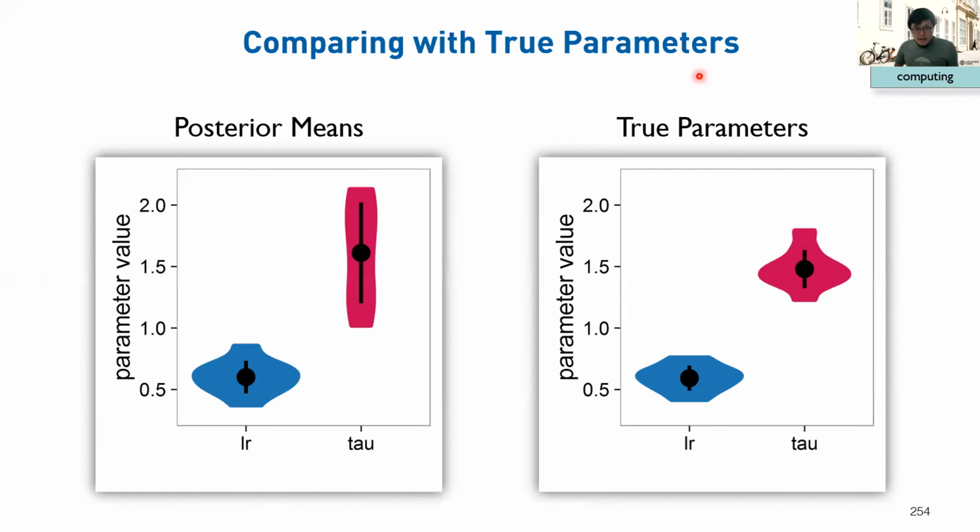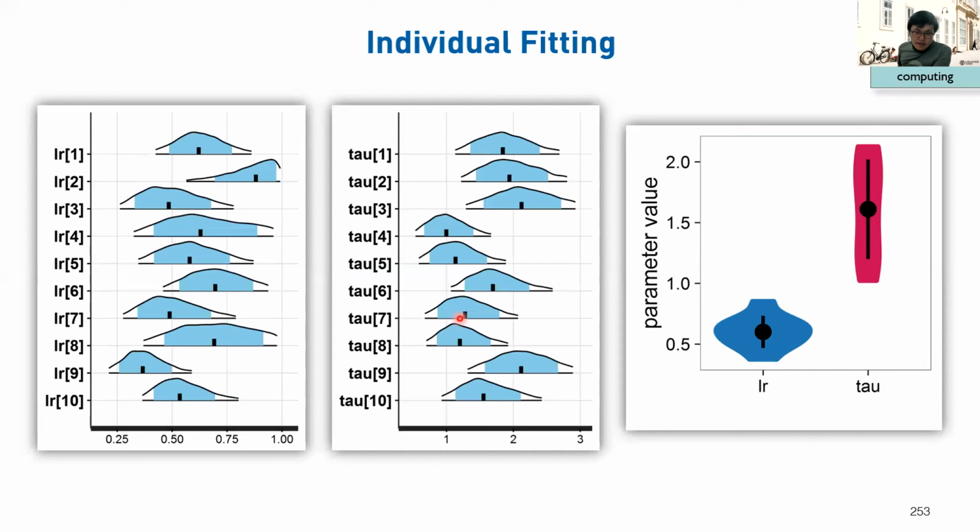Well, good. So the next thing that I want to show you is, well, those are the results from 10 participants. And where does the data come from, those 10 people? Those 10 people are actually not real participants. They are simulated data simulated by myself, so that I know what the true parameter is.